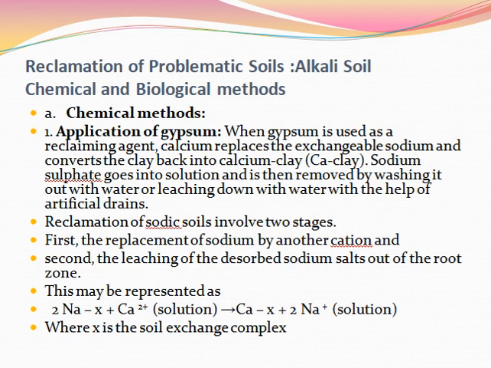Why is calcium able to replace the sodium? Sodium is one of the most dispersing agents. It disperses other elements and takes their place. I want to show this on the whiteboard.